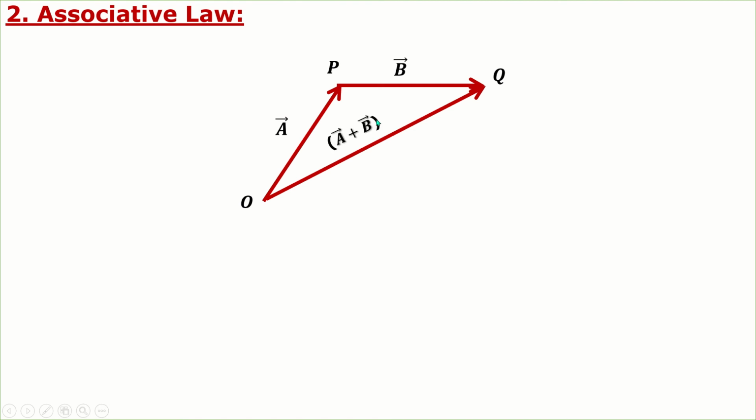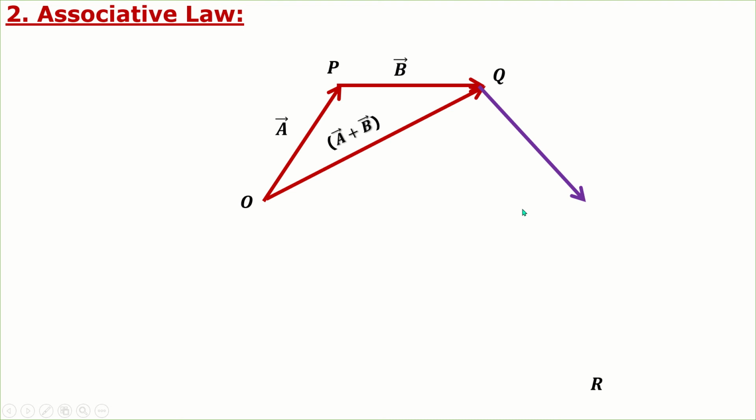Associative law. This is a vector. This is another vector, PQ equals B vector. Therefore OQ equals A vector plus B vector. Clear?